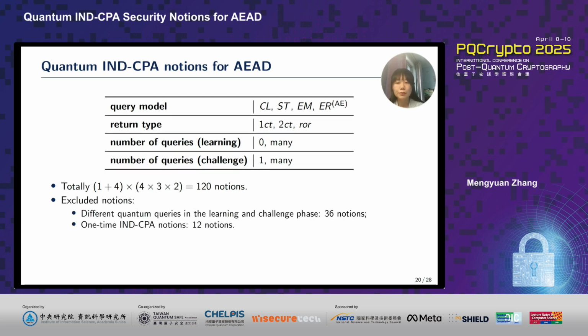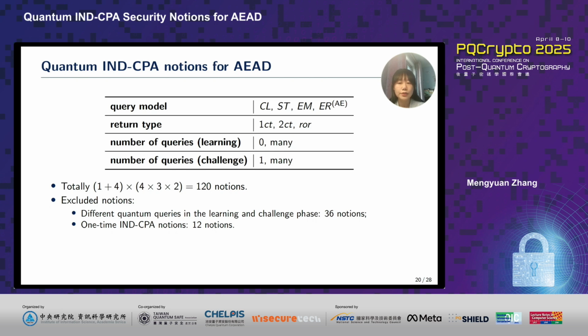We exclude some notions. The excluded notions are the notions that have different quantum queries in the learning phase and the challenge phase. For example, the learning queries are standard queries, while the challenge queries are embedding queries. There are 36 notions of this category. In addition, there are some notions that correspond to the one-time CPA notion.